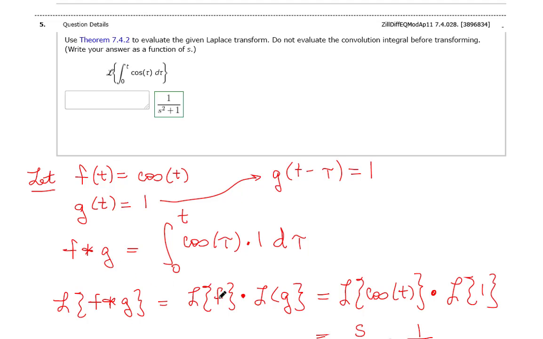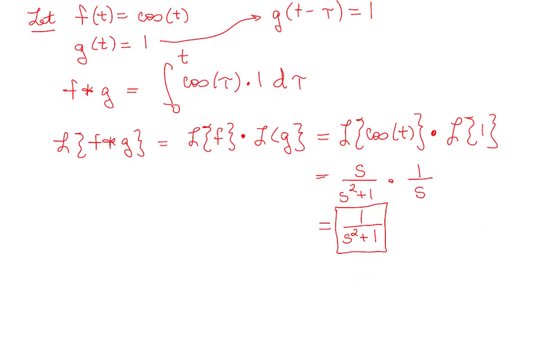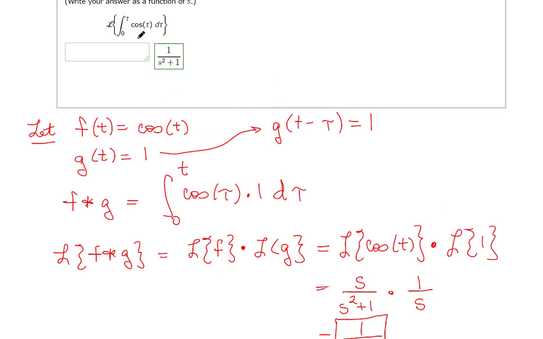So it's going to be the Laplace transform of each piece. Laplace transform of the cosine is s over s squared plus 1. The Laplace transform of 1 is 1 over s. The s's cancel, and I get 1 over s squared plus 1. So the real trick here was understanding what was going on in this integral. What was hiding? Because it had all the pieces, but something was not there.